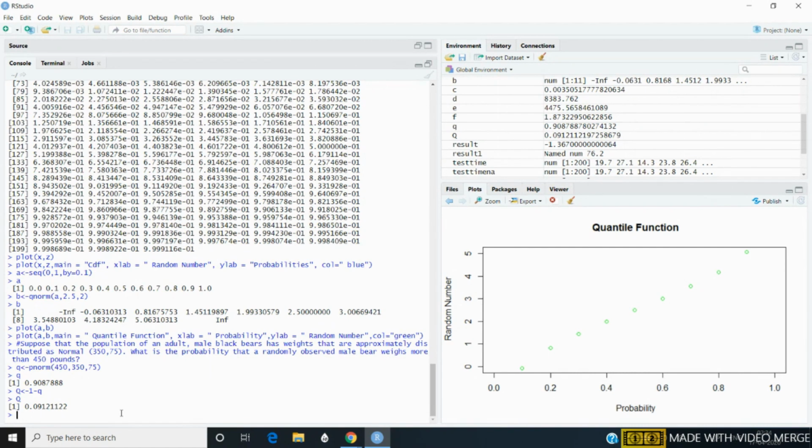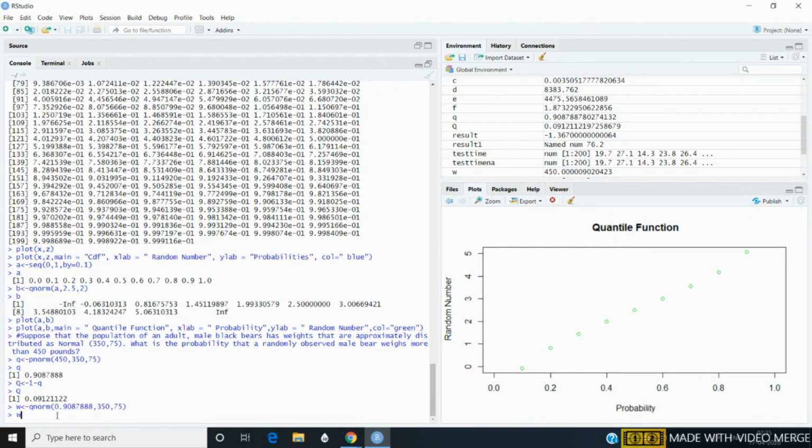Conversely, we can check by qnorm function. Okay, as we have computed here the probability for x less than 450, similarly there is also a concept we can compute for the less than values. So for less than 450 the probability is there, so I will use this probability value. Okay, so I am assigning a variable w, qnorm, and control C, comma 350, comma 75.